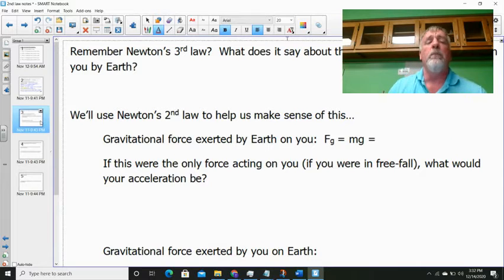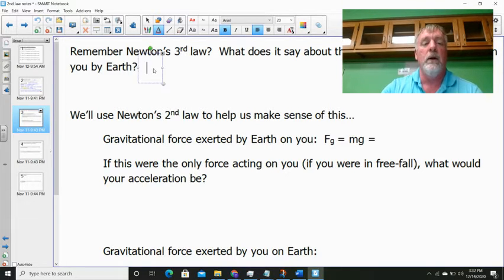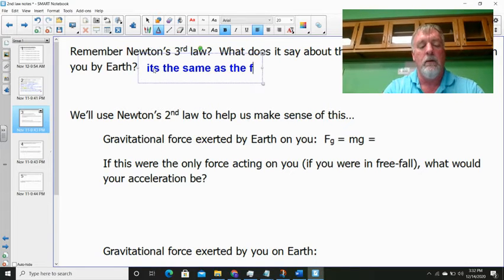And let's go back and apply this a little bit. We talked about Newton's third law last week. What does Newton's third law say about the gravitational force exerted by you on the Earth? It told us that for every action, there's an equal and opposite reaction. So what can you say about the gravitational force exerted on you by the Earth?